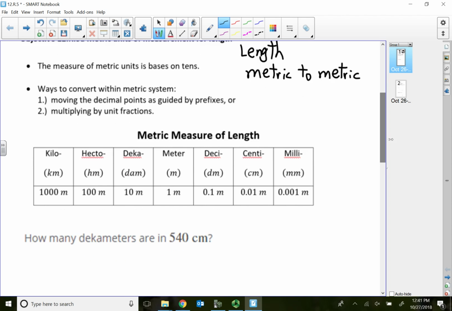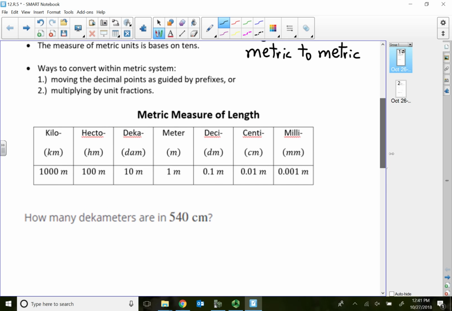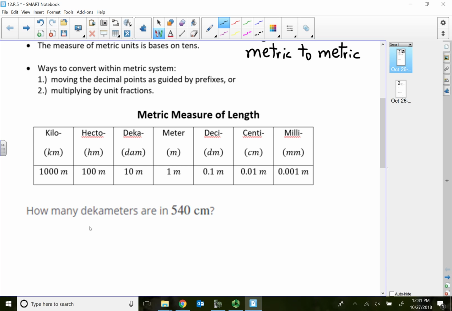I actually prefer simply moving the decimal points. For other types of metric conversion, I will begin to use a little bit of unit fractions or dimensional analysis. But as far as converting from one length to the next length, the easiest way is simply to move the decimal.